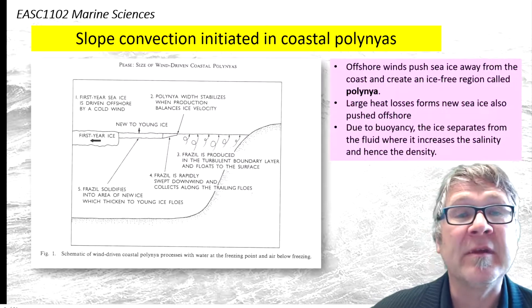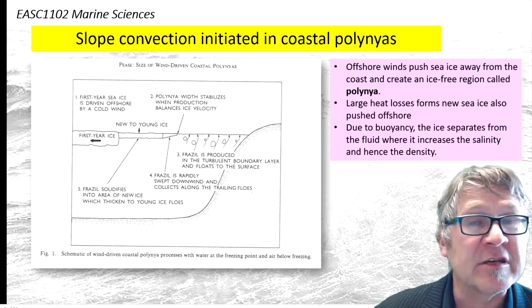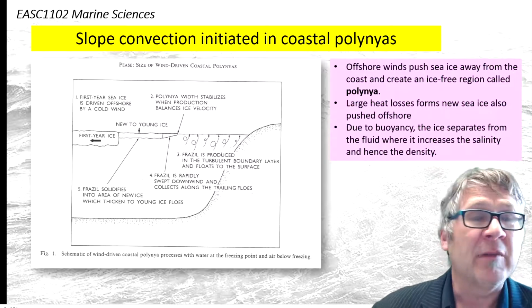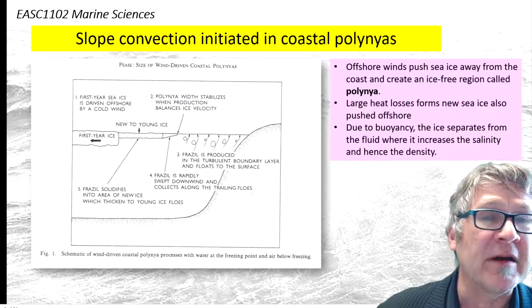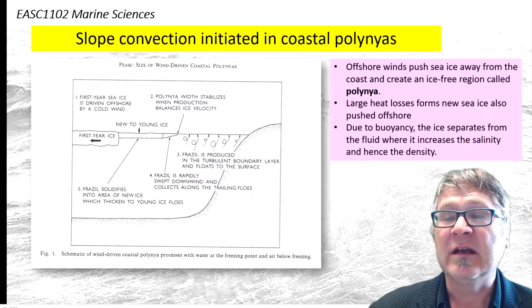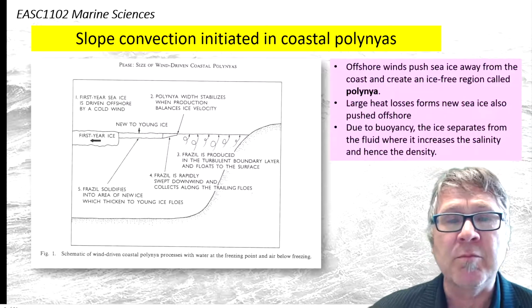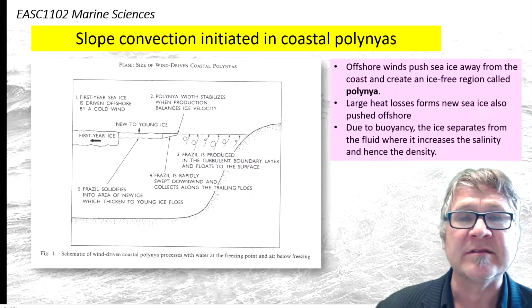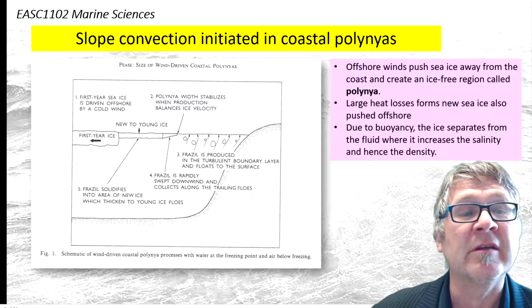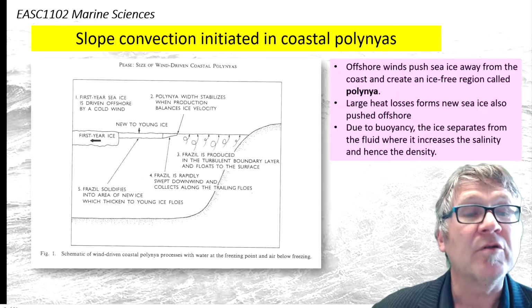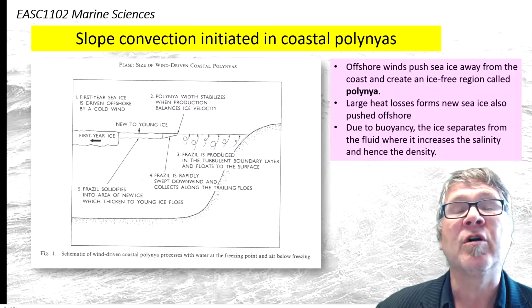Very cold. I mean, air temperatures of -30, -40 degrees Celsius, in an area that is otherwise covered by sea ice. Sea ice reflects solar radiation and blocks off and insulates the ocean. Now you need offshore winds that push the ice away from the coast and create an ice-free region called a polynya.